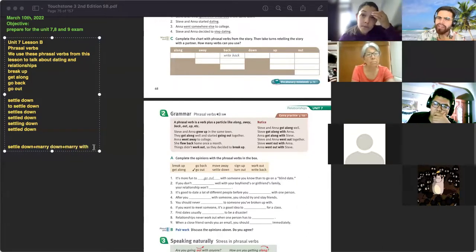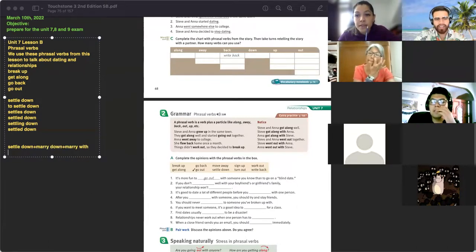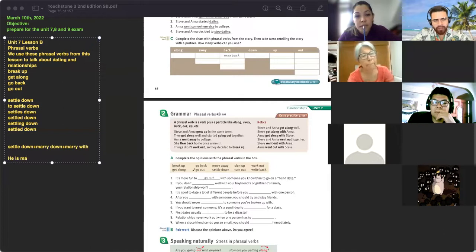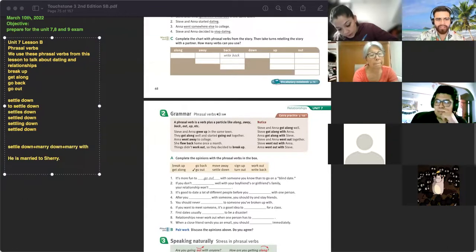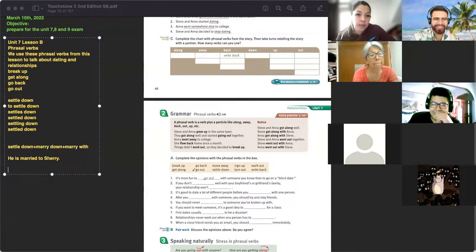In Spanish we say casado con, and con normally is with, but in English, it's married to. He is married to Sherry. We never say marry with. He is married to Sherry, or Sherry is married to him. So remember, marry down and marry with is not correct English. Remember, it is settled down. Marry down does not mean anything.